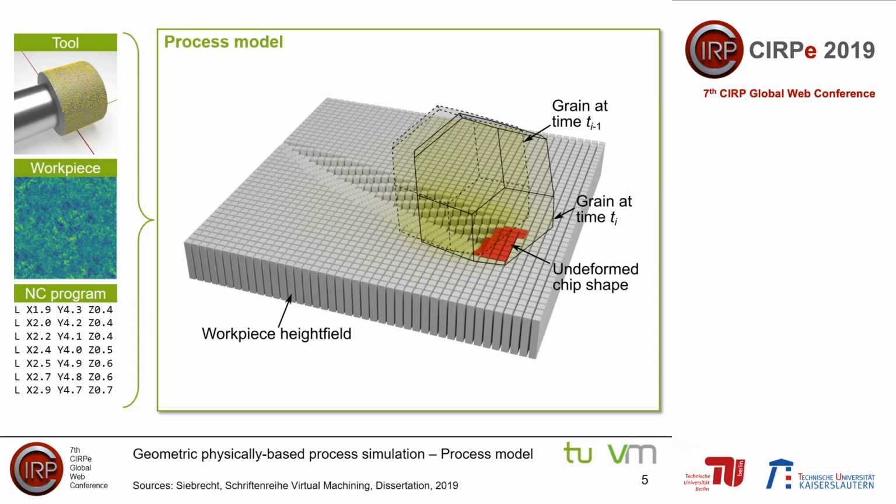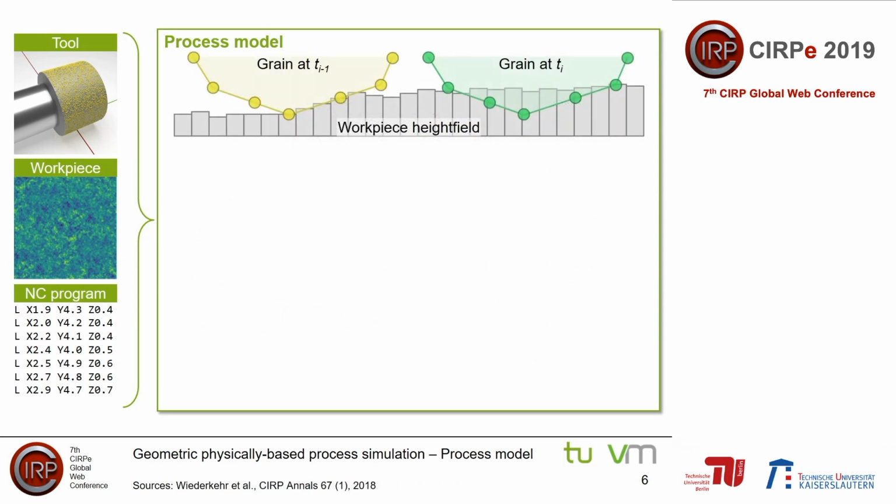By subtracting these intersections from the workpiece height field, material removal was modeled. The intersections correspond to the undeformed chip shapes of the grain engagements, which were analyzed to calculate the process forces. The details of this process simulation are described in the following slides.